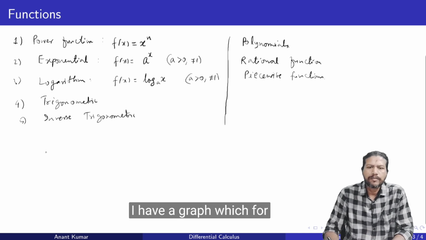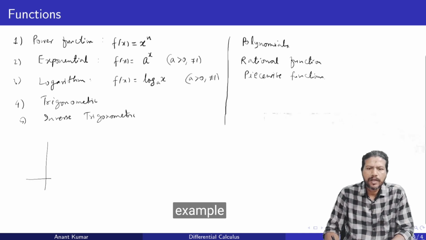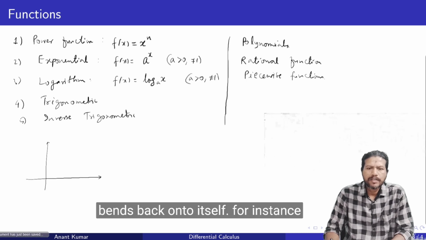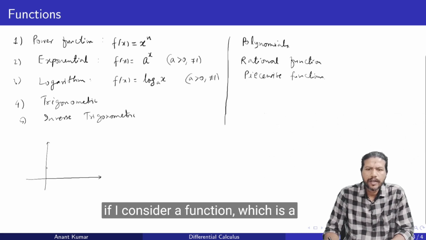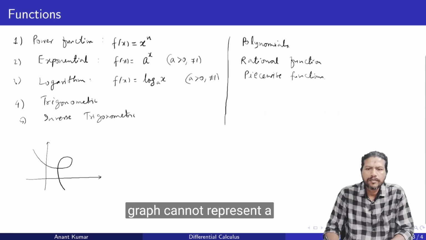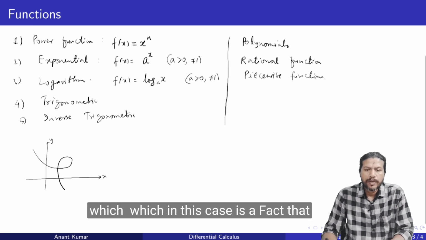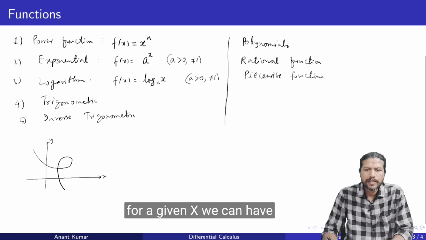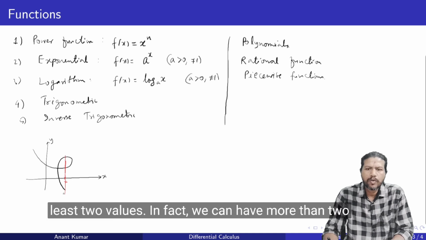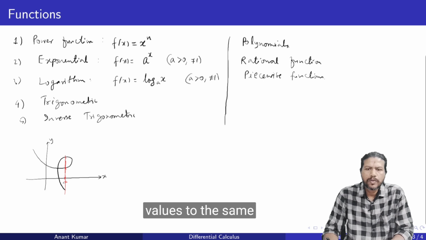In fact, if I have a graph which bends back onto itself, for instance, a graph which is like this, now this graph cannot represent a function because it violates one very important principle: for a given x we can have only one particular value of the function, but this graph assigns two values, in fact at least two values, and we can have more than two values to the same value of x.